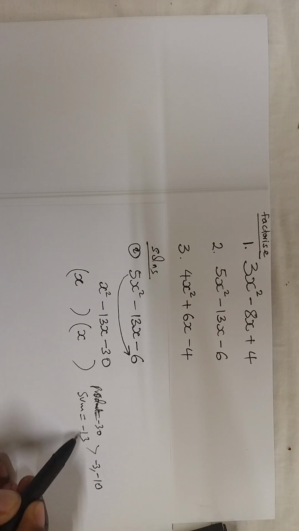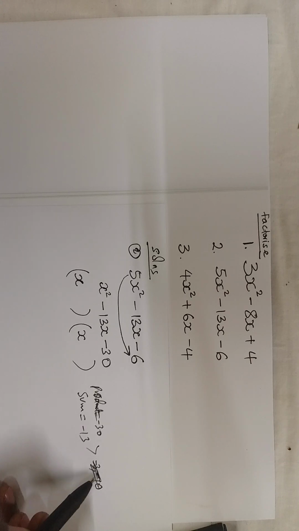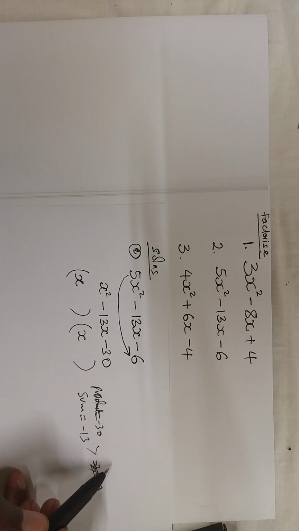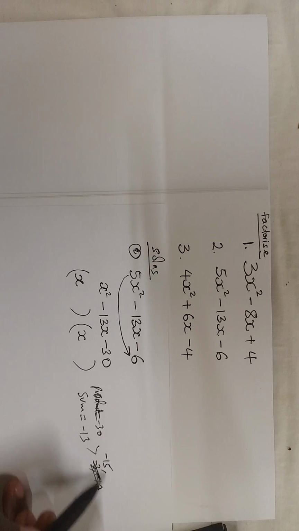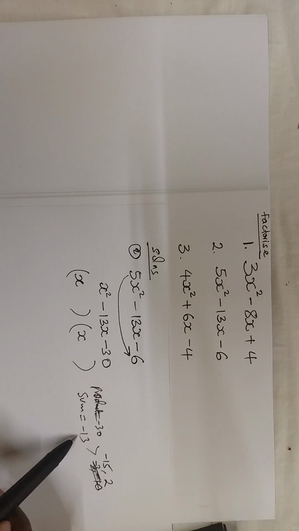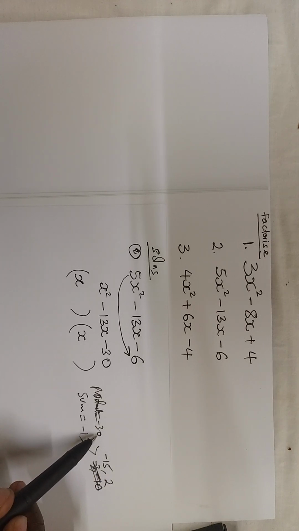You add these two, they give you negative 13. Nope, that one won't go, because the product is not negative 30. Okay, let's see. We have negative 15 and 2. Yes, negative 15 and 2. Adding them, they give you negative 13. Multiplying them, they give you a product of negative 30.